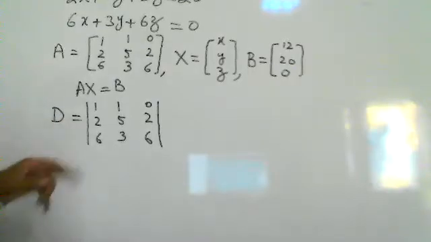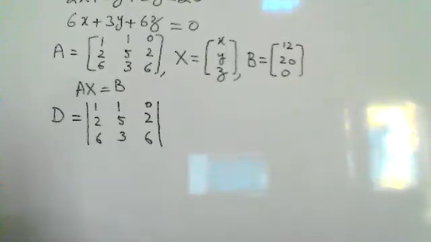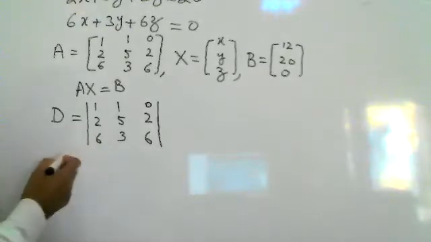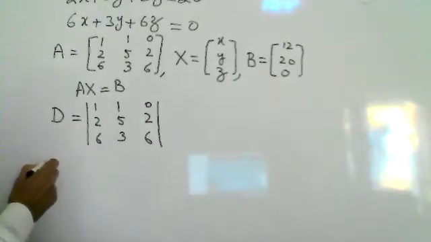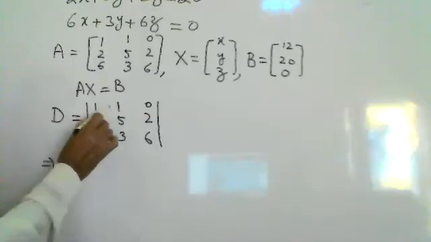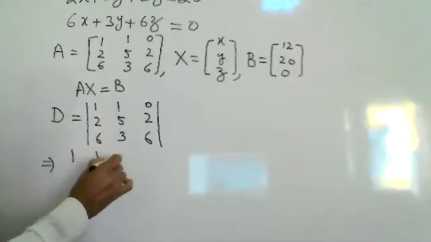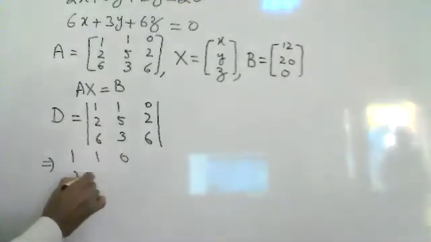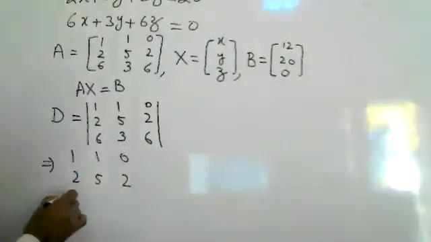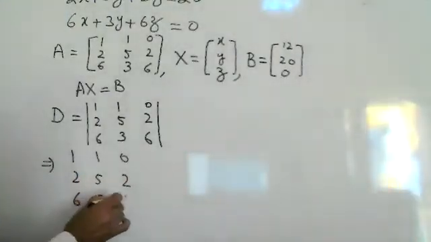So we will evaluate this determinant. How to evaluate? I have told you the two methods to evaluate the determinant. First we will evaluate this one. I will write the whole determinant: 1, 1, 0, 2, 5, 2, 6, 3, 6.